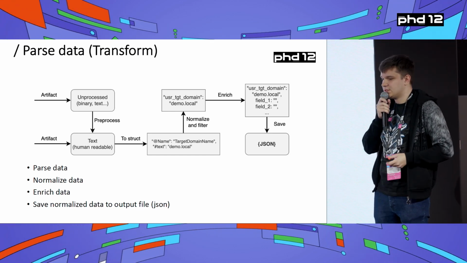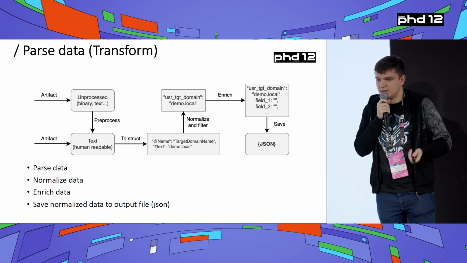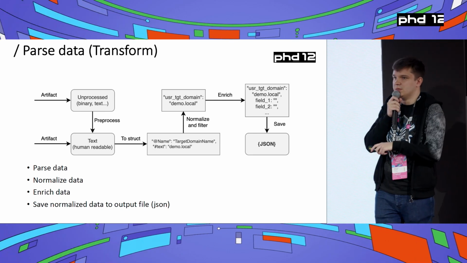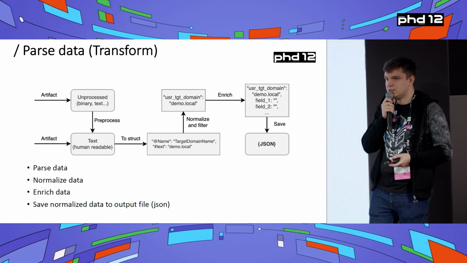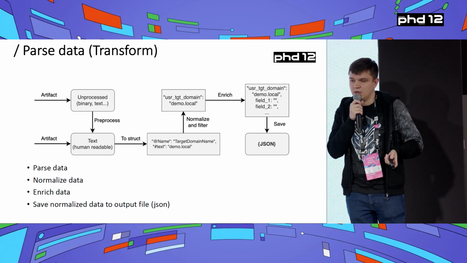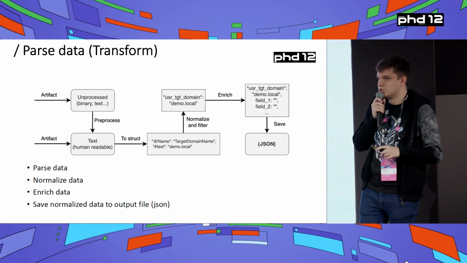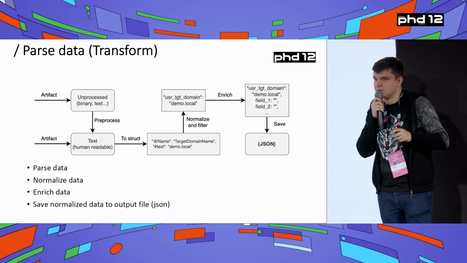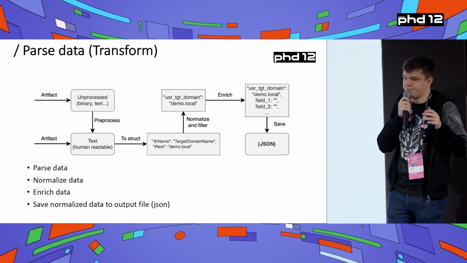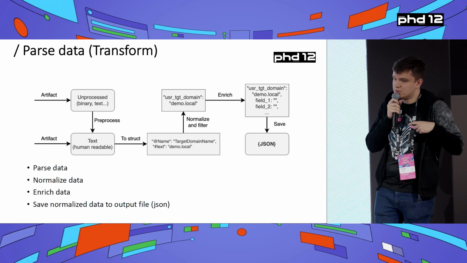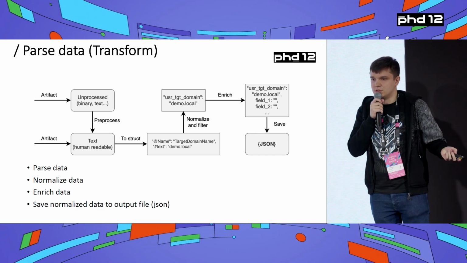And then you can unzip it. Okay, transformation and parsing. The artifact can come to the pipeline in various formats, and it's important to understand it here. Binaries or just plain text can be not good enough for processing at the next stages. So you need some pre-processing.